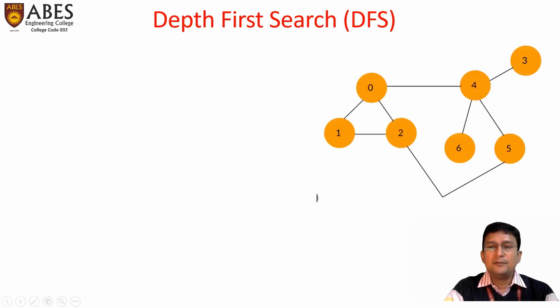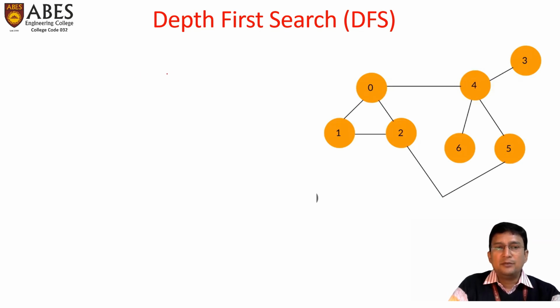So let's take a graph. This graph is an undirected graph, and we should first find the adjacency list corresponding to this graph. So let us first try to draw the adjacency list of this graph. For drawing the adjacency list, I am making labels for the edges in this graph.